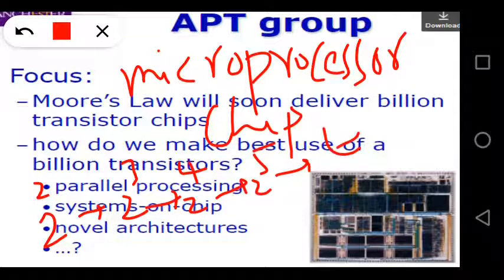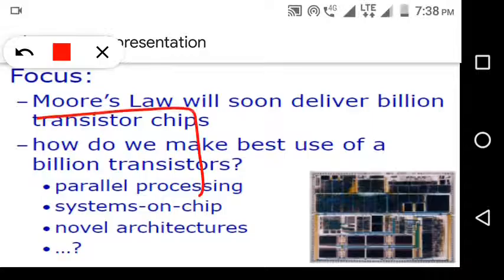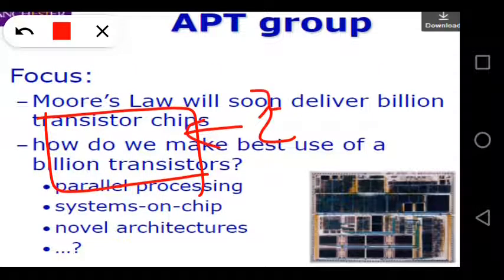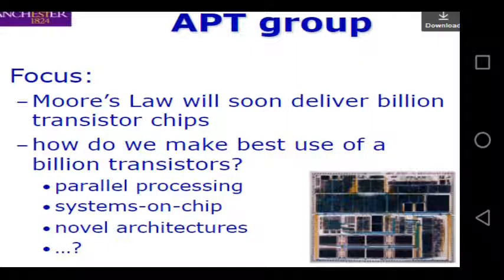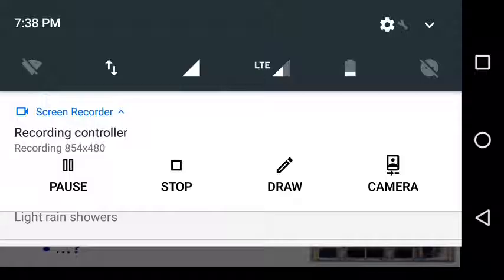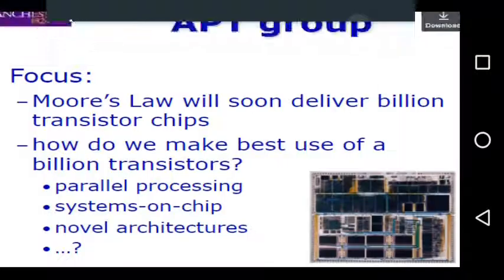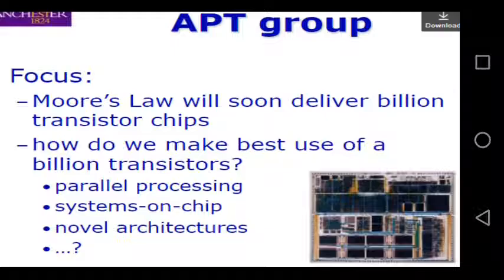This is called exponential growth. This is Moore's law. Let me repeat once again: the number of transistors on a microchip doubles every 2 years, though the cost of computers is halved.